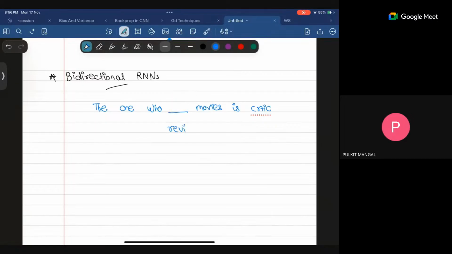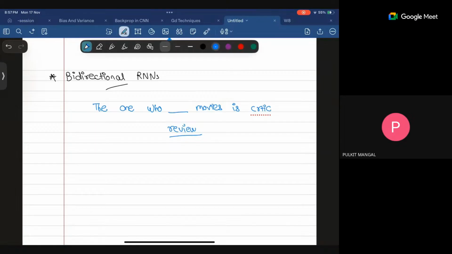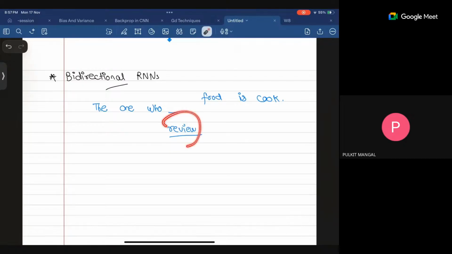The one who reviews the movie is called the critic. For it to come up with this word review, it should have the knowledge of movies, because if in place of movie I have food here, then the word that is going to come here will change.